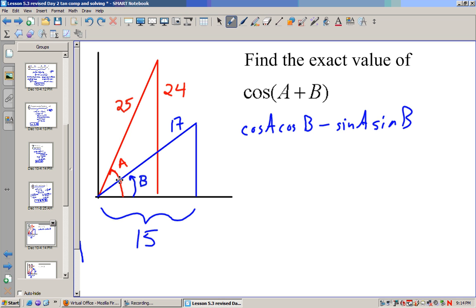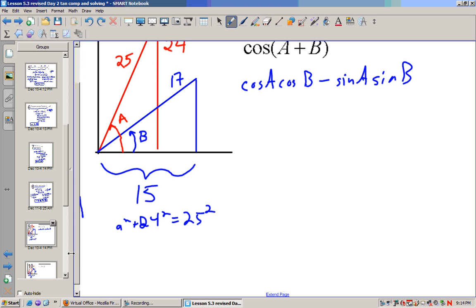The cosine of A, if this is 25 and 24, we know A squared plus 24 squared is going to be 25 squared. So if we take 25 squared, 25 times 25 is 625, I'm pretty sure.